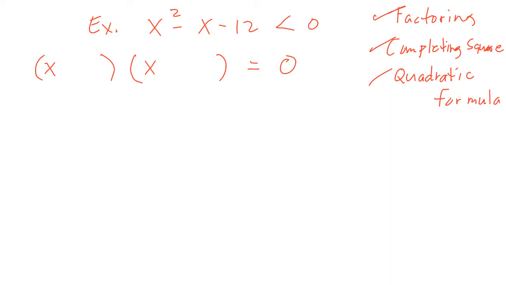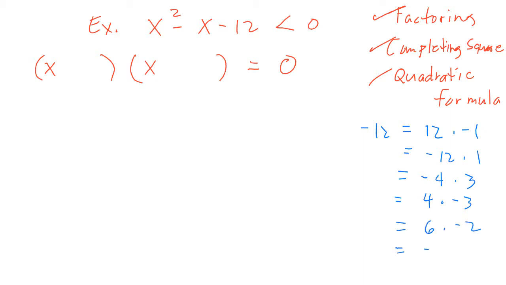So x squared has these factors, x times x, and negative 12 has 12 times -1. We have -12 times 1, and we have -4 times 3, and the reverse of that one would be 4 times -3, and we still have 6 times -2, and -6 times +2.